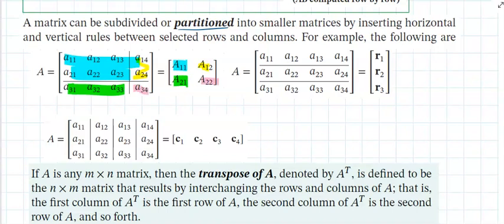Or you could say, you know what, forget that, I want to cut it into 3 rows. Well, that's row 1, that's row 2, that's row 3. Or you could say, I want it to be column 1, column 2, column 3, and column 4. And that's how you could write it.